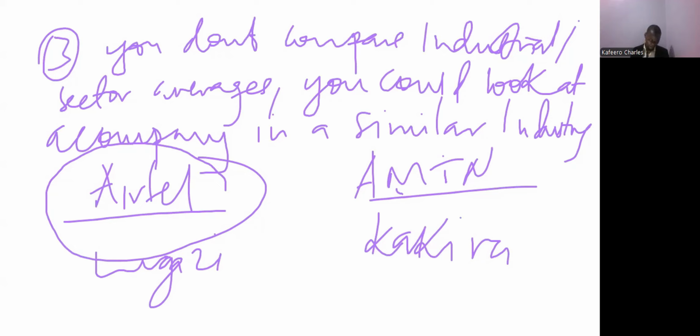Now, at the end of the day, these are the three ways that we can analyze ratios. But at the end of the day, the examiner wants us to write a report explaining the performance of the business.